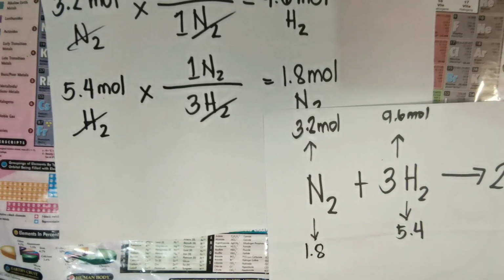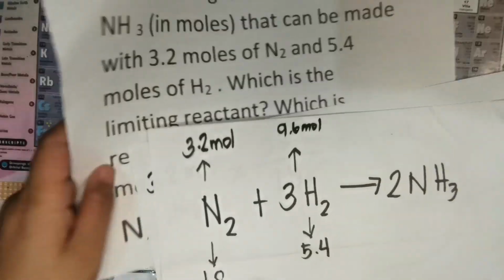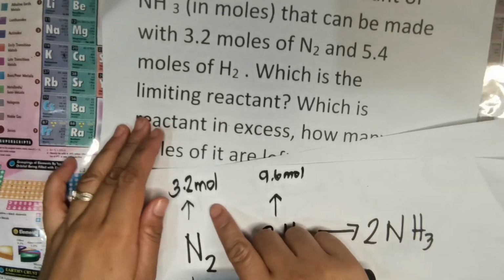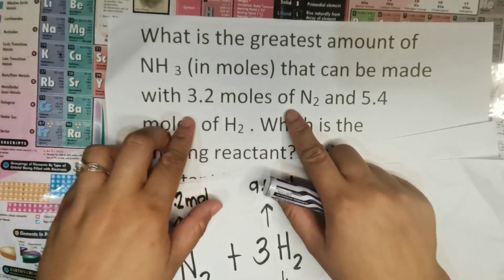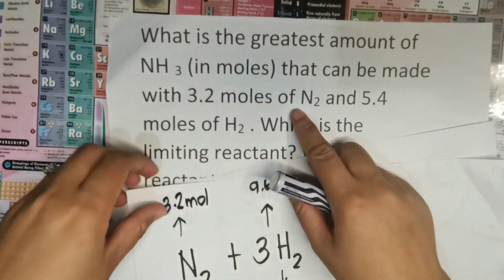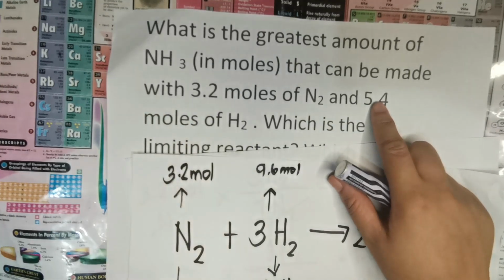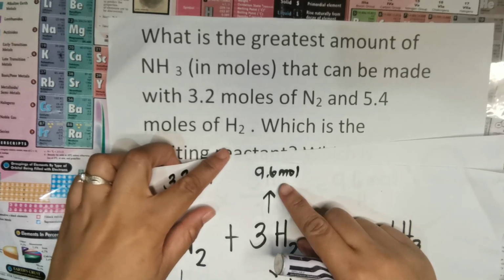Now, let us try to analyze kung alin sa kanila yung papasok sa given natin. Okay. So, try natin yung umpisa. 3.2 moles of nitrogen. So, yes, use up natin lahat yung nitrogen gas. Tama ba? Now, para magamit natin to, kailangan din natin ng 5.4 moles of hydrogen gas.